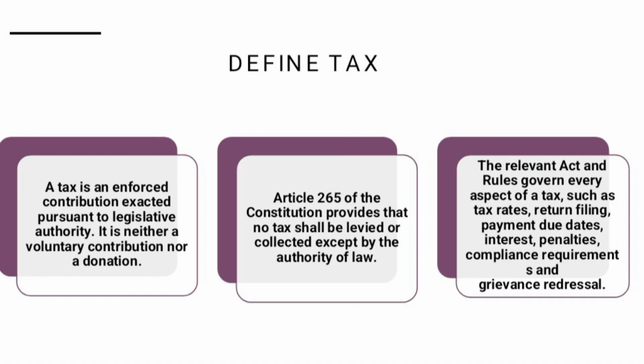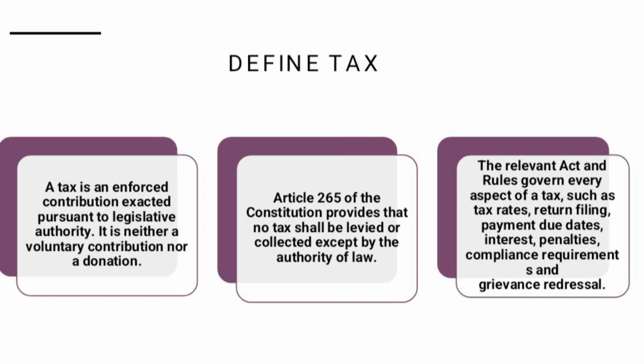If he thinks, from a legal point of view, the demand is not appropriate, then he will go for appeal. He will go to the appellate authority, the Honorable High Court, the Honorable Supreme Court. Means there is a grievance redressal mechanism for the taxpayer.